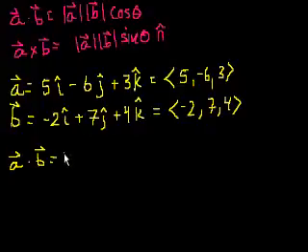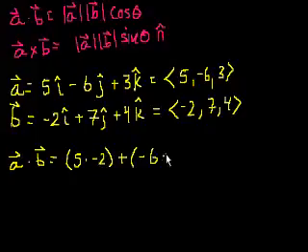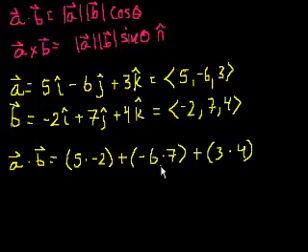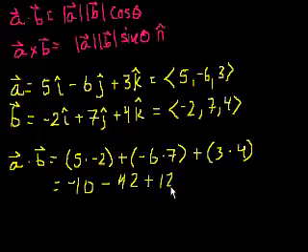So it would be 5 times minus 2, plus minus 6 times 7, plus 3 times 4. So it equals, what is this? Minus 10, minus 42, plus 12. So this is minus 52 plus 12, so it equals minus 40. That's it. It's just a number.